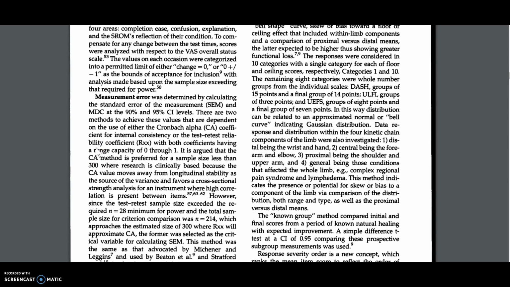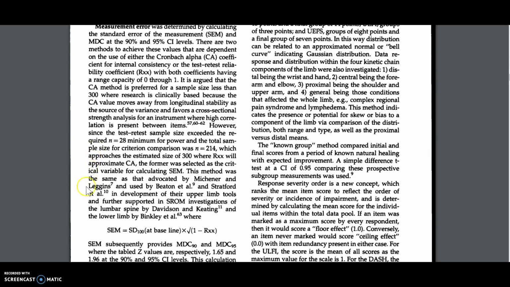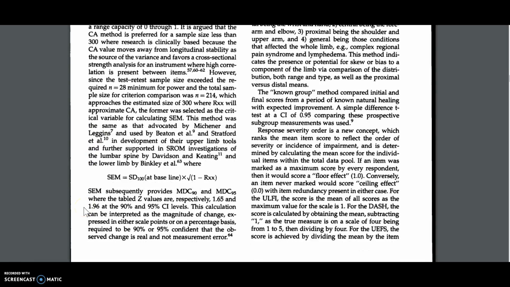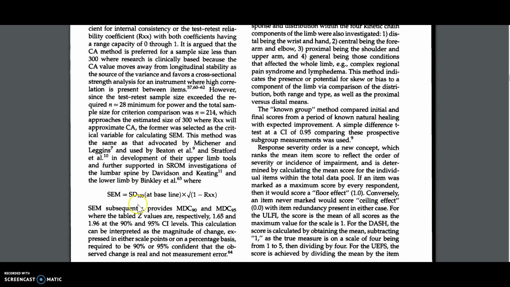Okay, so I'm not going to read that in detail, because that's essentially what they're telling you, and then they go on to tell you exactly the values that they came up with. What I would like to note a little further down here, now we're still looking at measurement of error, where it says SEM subsequently provides MDC 90 and MDC 95, where the tabled z-values are respectively 1.65 and 1.96 at the 90%, 95% confidence intervals.